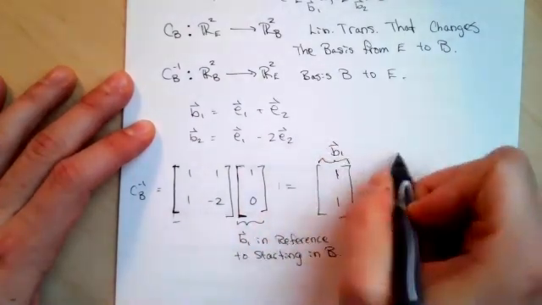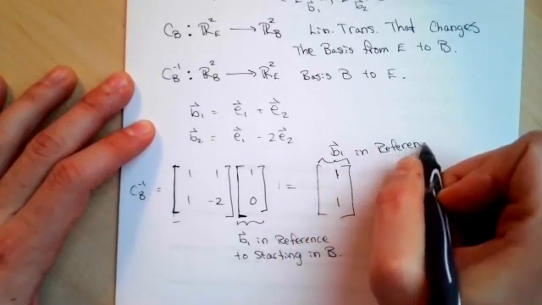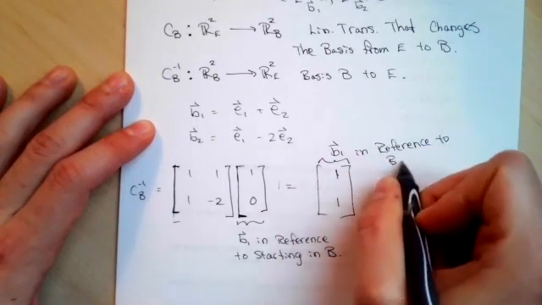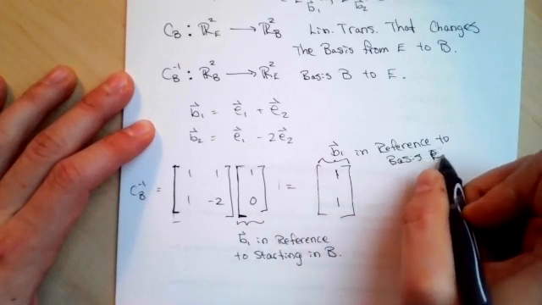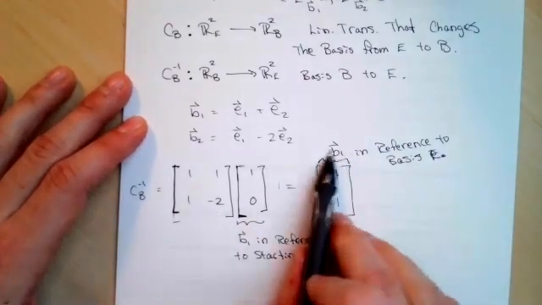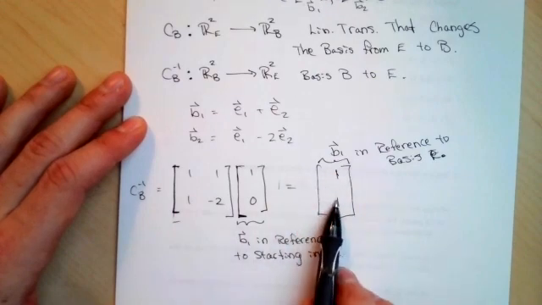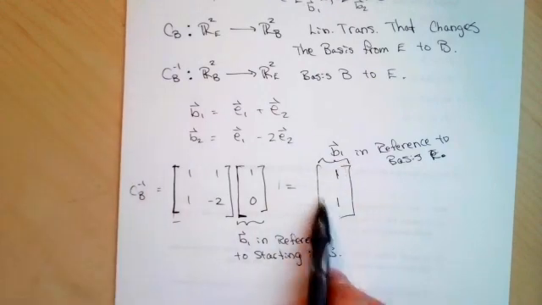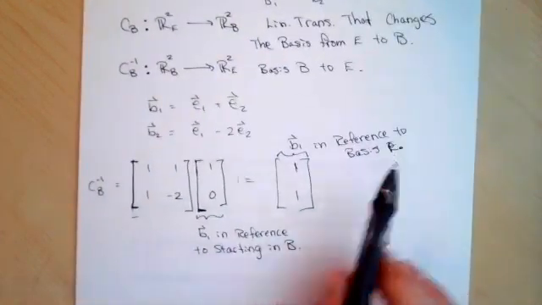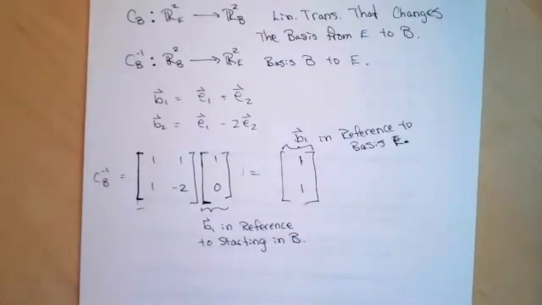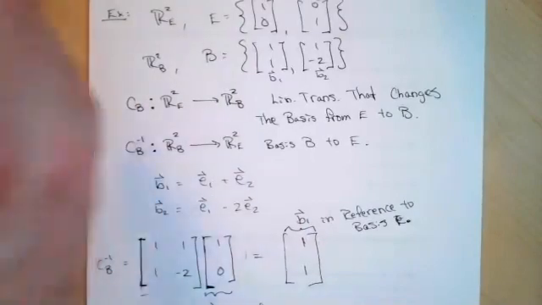This is B1 in reference to the basis E, capital E. Since we're ending here and we want to end in this format, the reference basis of how this vector is written is relative to the basis E. Does that make sense? This can be a little confusing with the directions, which basis we're sending to which.